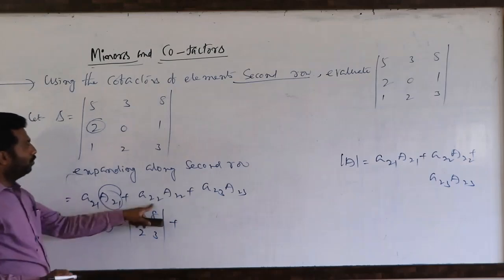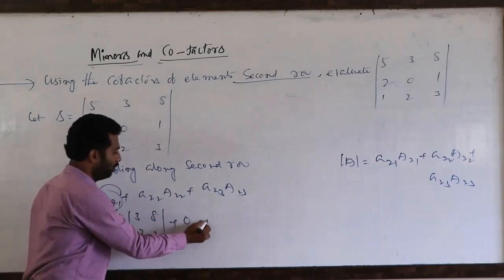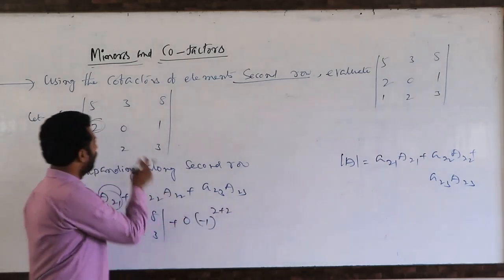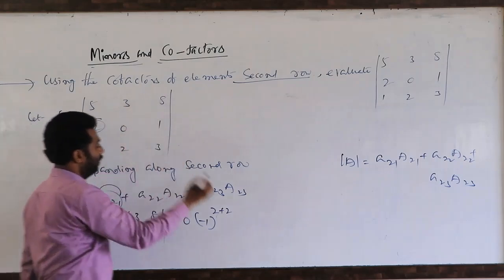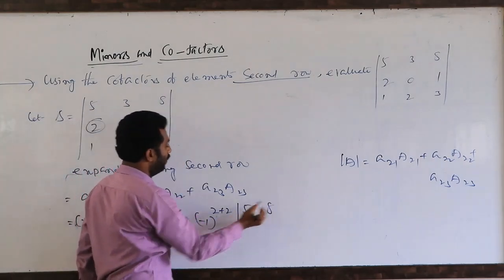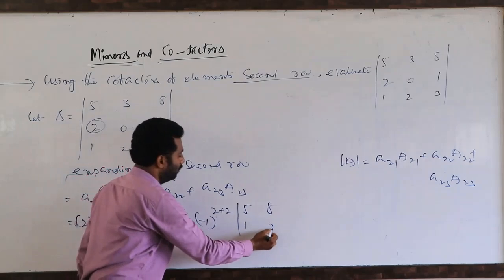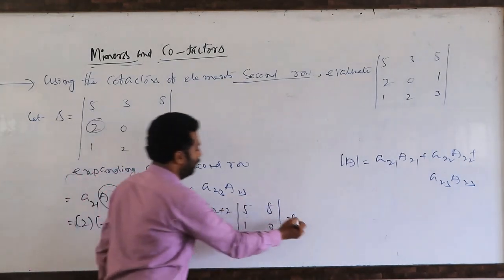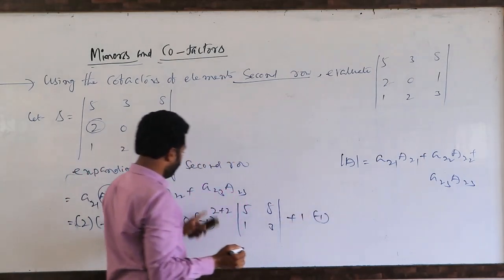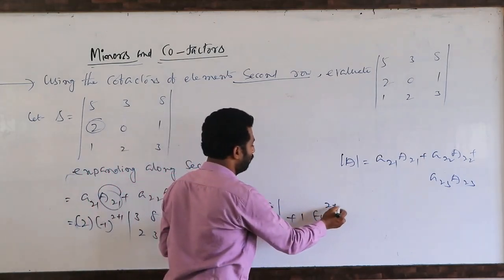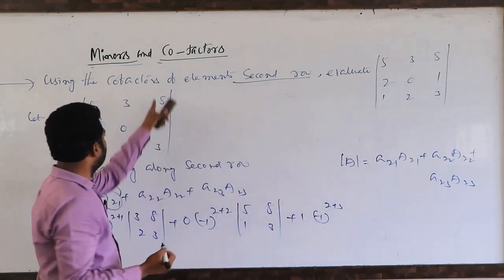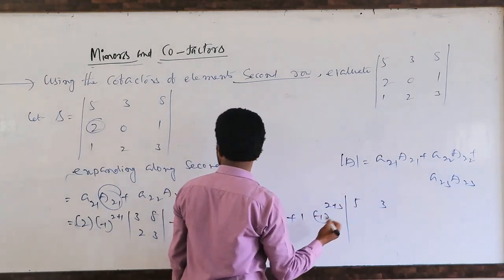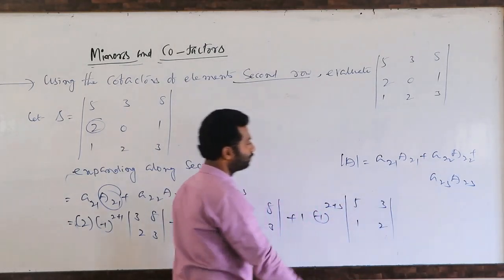Plus the element a22, which is 0, times minus 1 whole power 2 plus 2, deleting second row and second column, the determinant 5 8, 1 3. Plus the element 1 times minus 1 whole power 2 plus 3, deleting second row and third column, the determinant 5 3, 1 2.